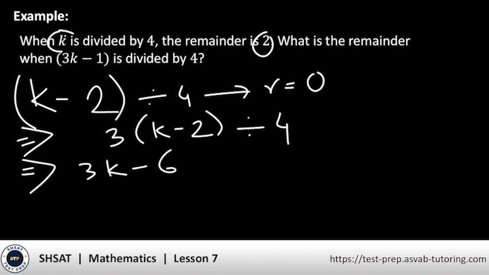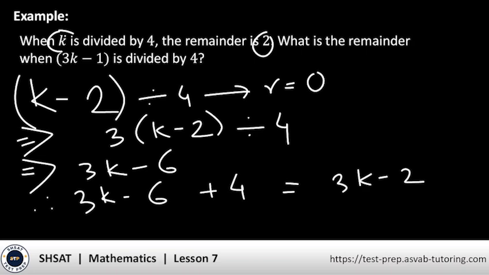But the question said, what do I get if I do 3k minus 1? Okay, so if I do that, that means if I have 3k minus 6, and on the other hand, if I have 3k minus 2 as divisible by 4, let's just put a plus 4 here. Why? Because 3k minus 6 plus 4 is what gives you 3k minus 2.